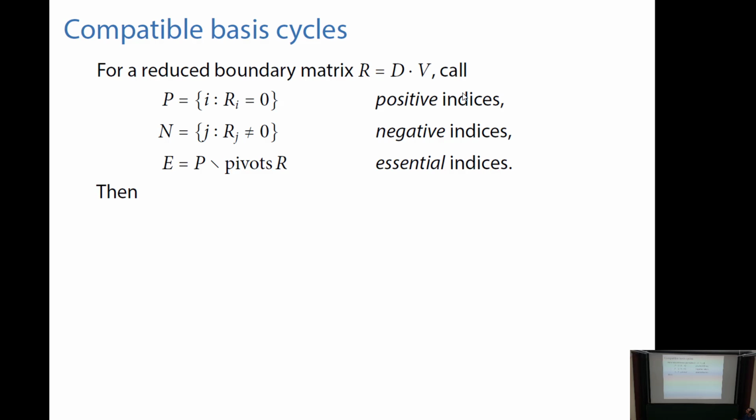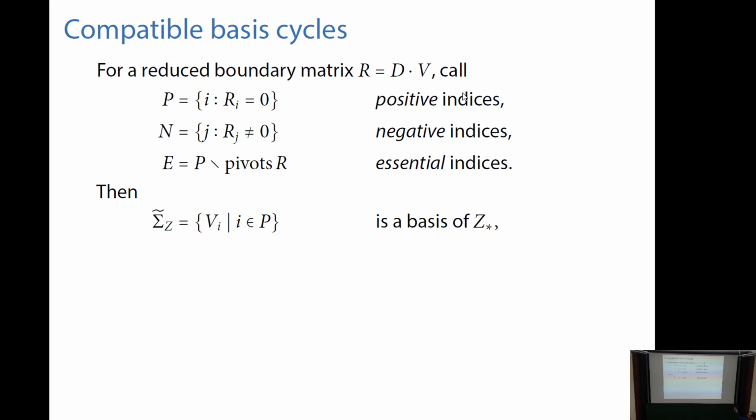The positive ones which do not occur as pivots in any of the negative columns are called essential. The reason is that those are the ones that create homology that is not killed later in the filtration. So they correspond to essential homology, the homology of the final space that I'm filtering.